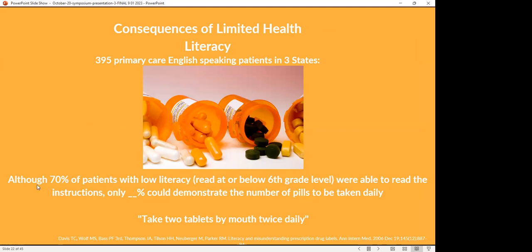In this particular study, 70% of patients with low literacy read at below 6th grade level, but reading is not an issue as much as numeracy. And there's a lot of numeracy when it comes to diabetes and diabetes management. Many people did not know what take 2 tablets by mouth twice daily means.